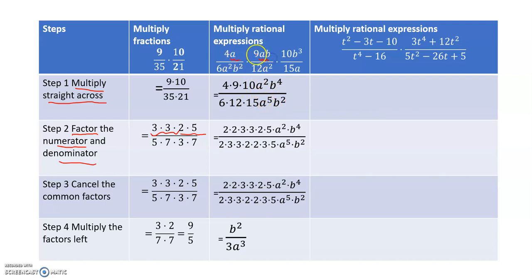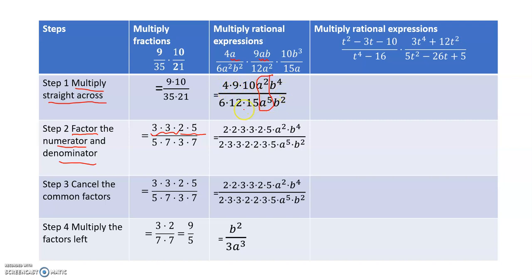So when we have variables, we could just go ahead and multiply them to get a squared and b fourth. In this way, we won't see a lot of factors a and b everywhere. We're just going to have one single factor of a and one single factor of b.